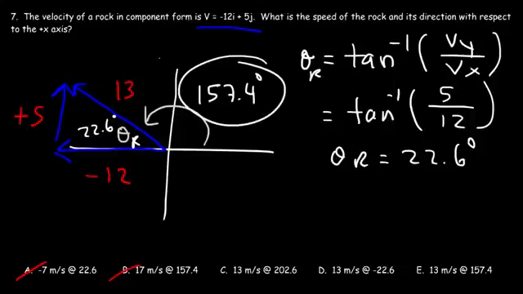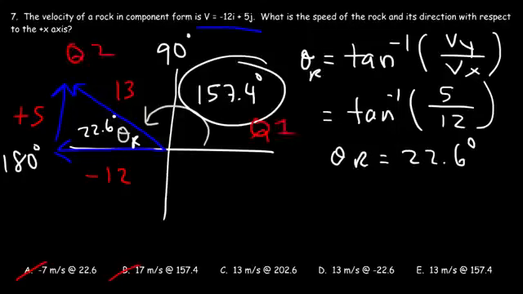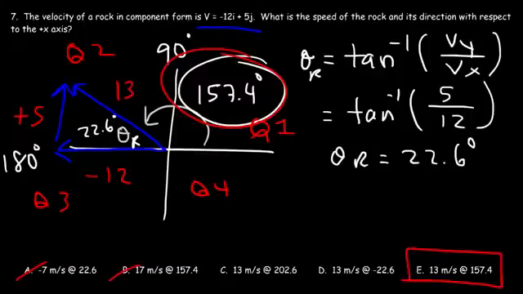Now we know the answer has to be between 90 and 180 because the triangle lies in quadrant 2. This is quadrant 1, quadrant 2, quadrant 3, and quadrant 4. So now we have the direction is 157.4 with respect to the positive x-axis. So therefore E is the right answer.